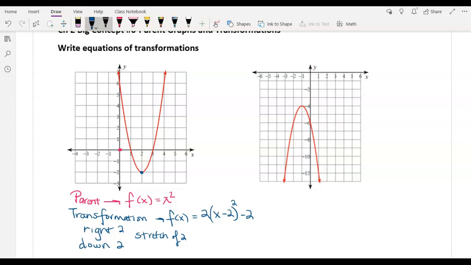All right, last example. We know that we always start at 0, 0. It is still a parabola, so our parent function is f of x equals x squared, and we went all the way to -1, -4. So that means for our transformation, we went left 1, down 4, and once again we have a stretch of 2.